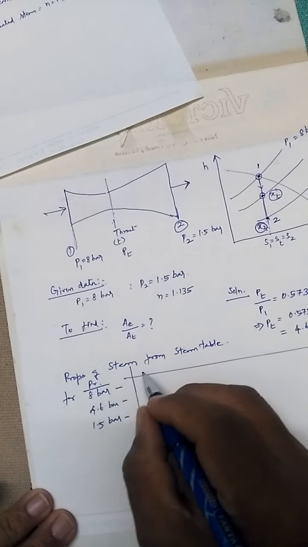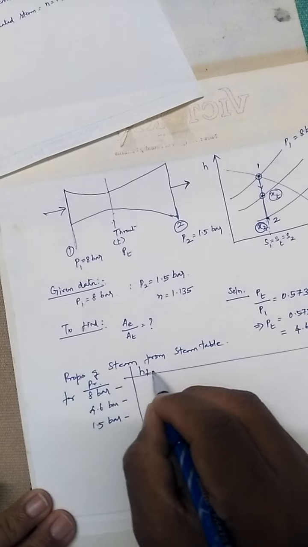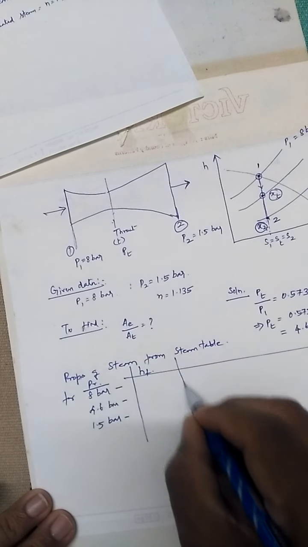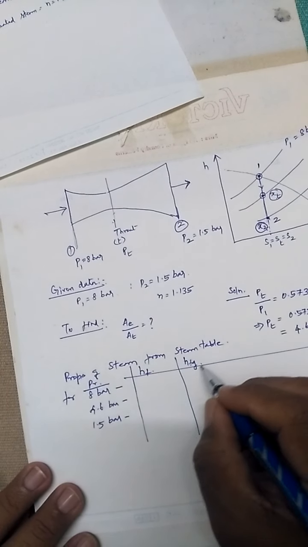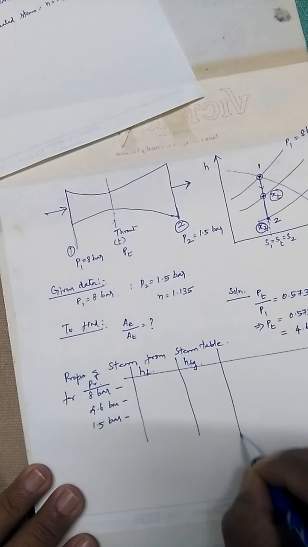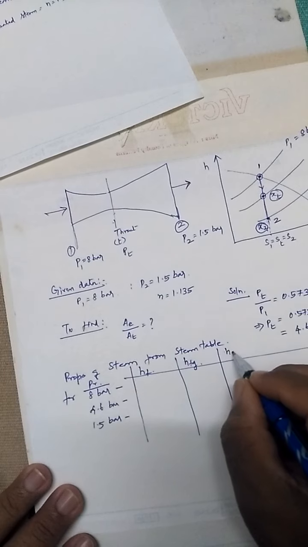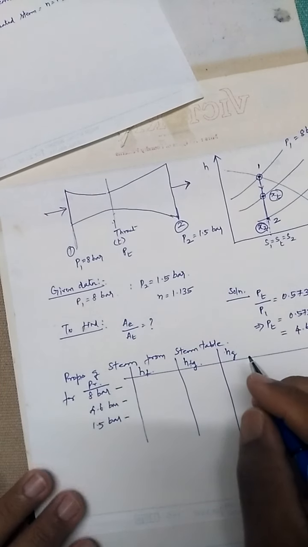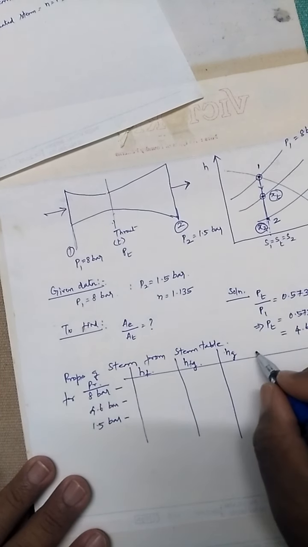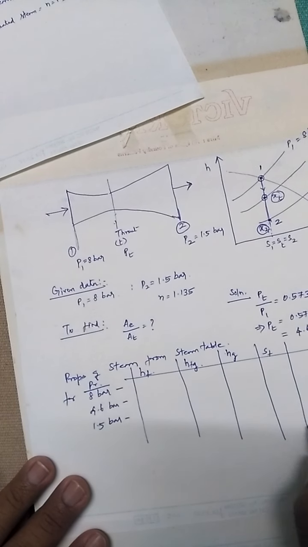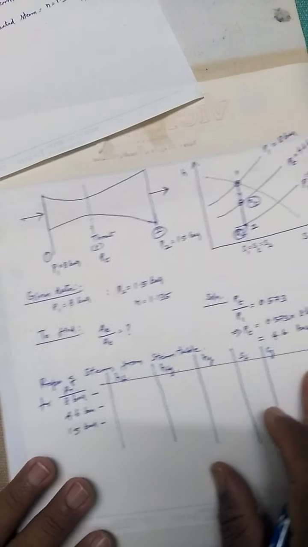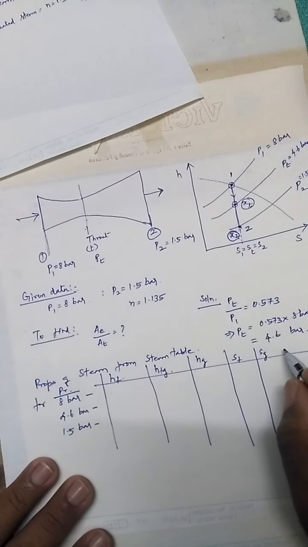Mainly we need these values. For all these pressures we need the hf value, then the hfg value, then the hg value, for all three different points. Then we have to take sf, similarly sg, and if you want you can take sfg also.